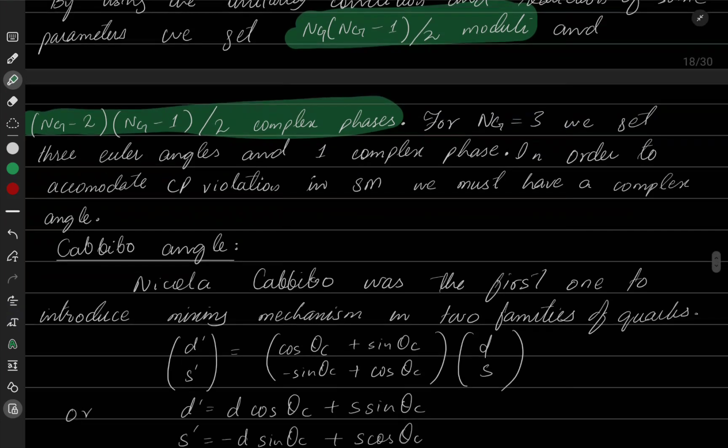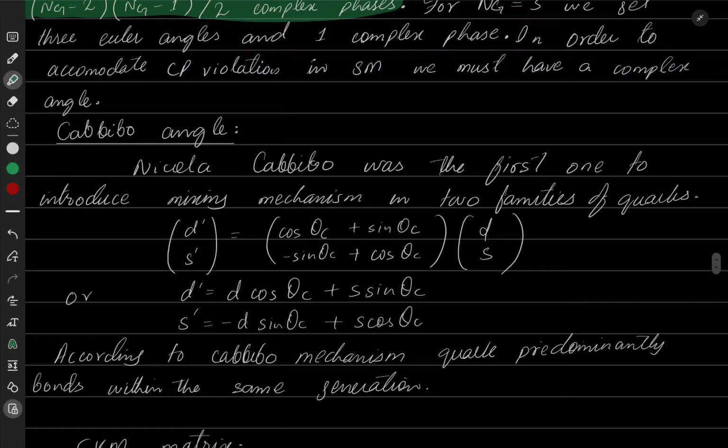So first of all, let's look at the first ever work on quark mixing. The first ever work on quark mixing was done by Cabibbo, who was an Italian physicist.